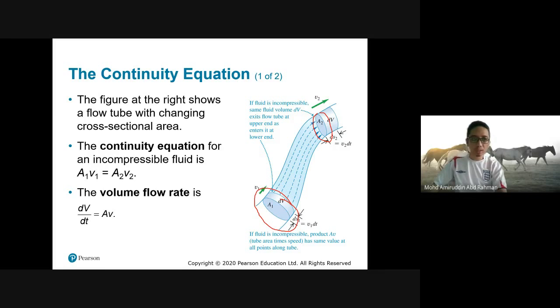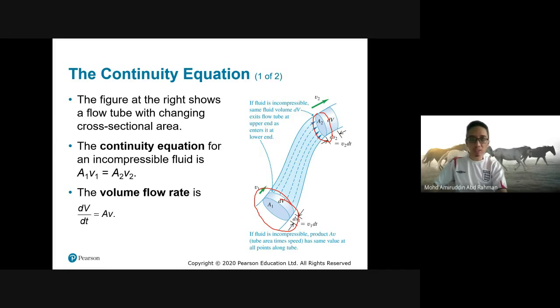This is related to the V, the volume of the water. What's mentioned here is, if the fluid is incompressible, the same fluid volume exits the flow tube at the upper end as enters it at the lower end.